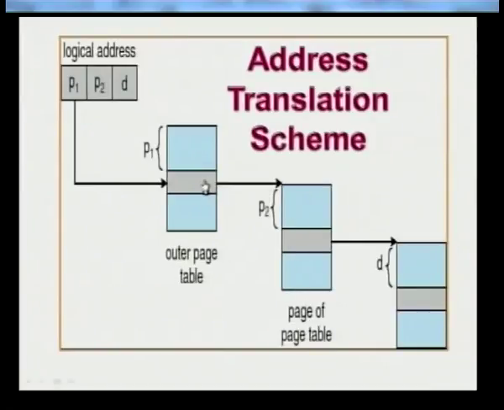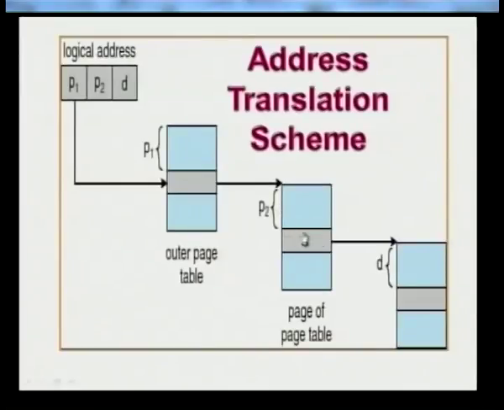Therefore, as many entries are there in the outer page table, that many inner page tables will be available, or that many inner page table base addresses would be available. Loading the base address which is identified in this location will actually load the second level of your page table.